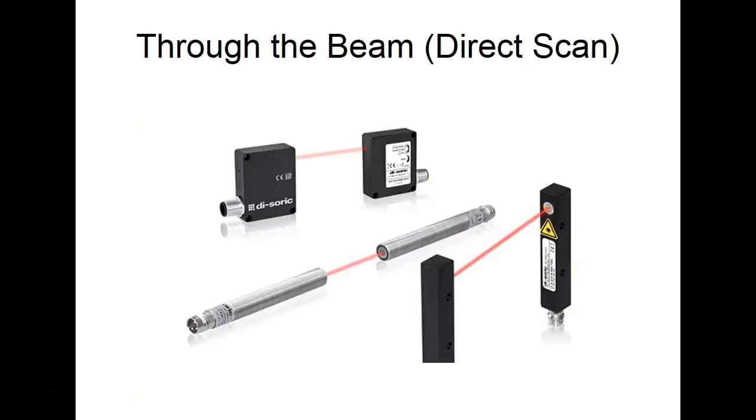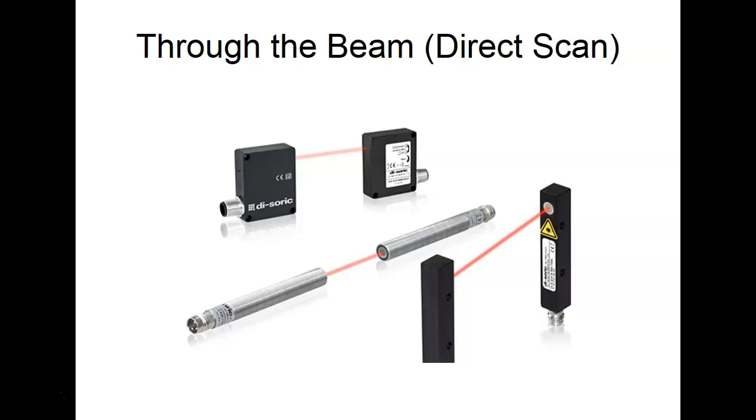So this is the first one to look at. This is called Through the Beam. We have several of these on the manufacturing line. Once we get through some of these guys, we'll go over there and look at a few of them. There's a lot of proximity sensors. There are some potentiometers over there too that are used to detect position.